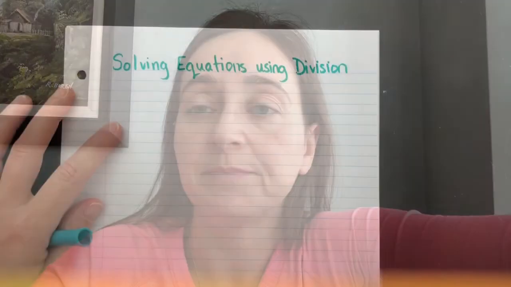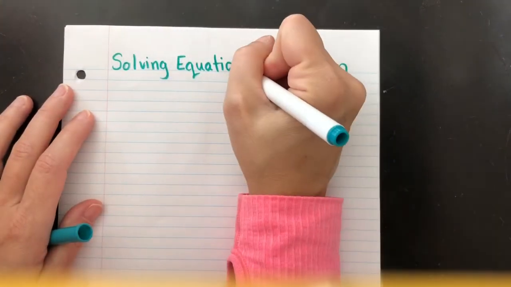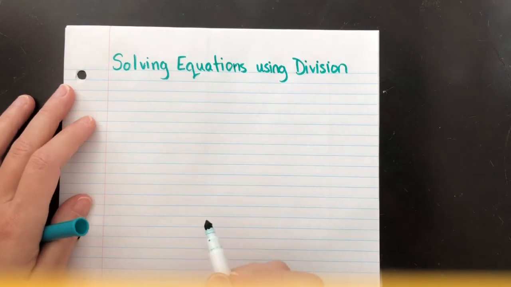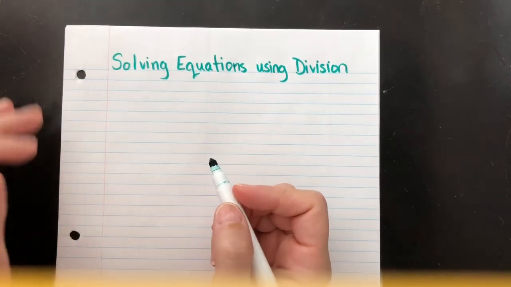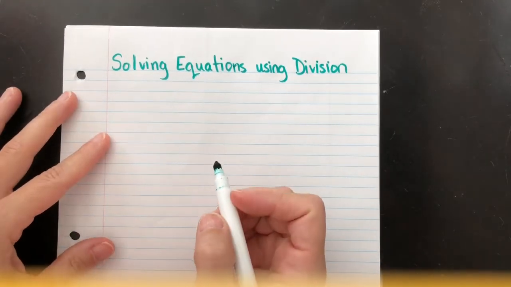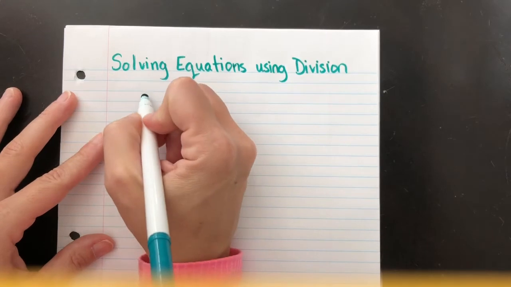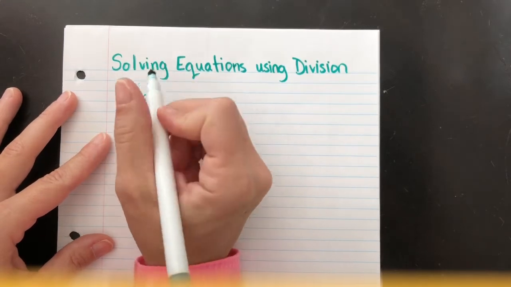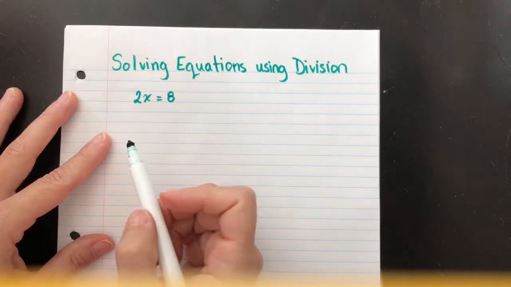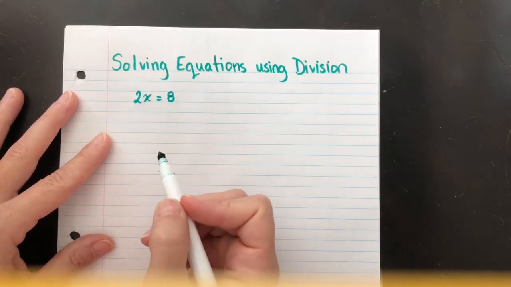Here we go. Okay, so here I've got my piece of paper with my title, Solving Equations Using Division. Now, just remember, everybody, our goal, as always, is to get x alone, okay? So if I have a question like this, 2x equals 8, well, I want to get x alone.